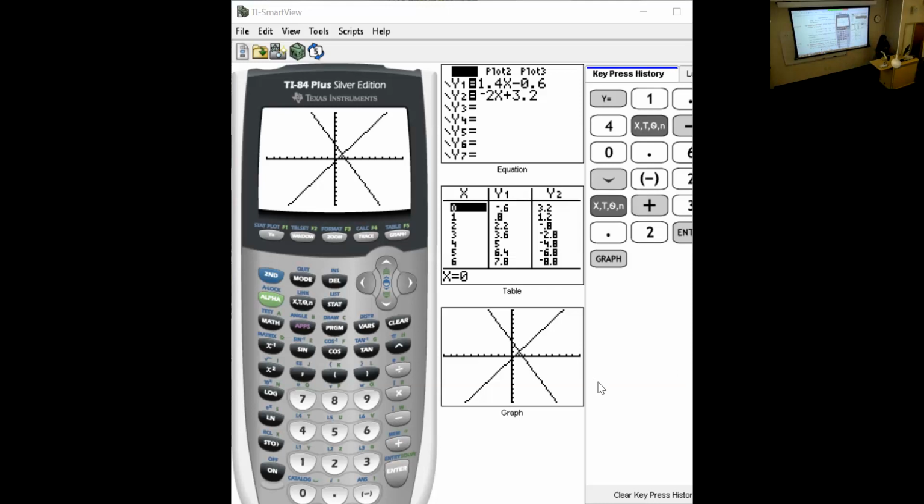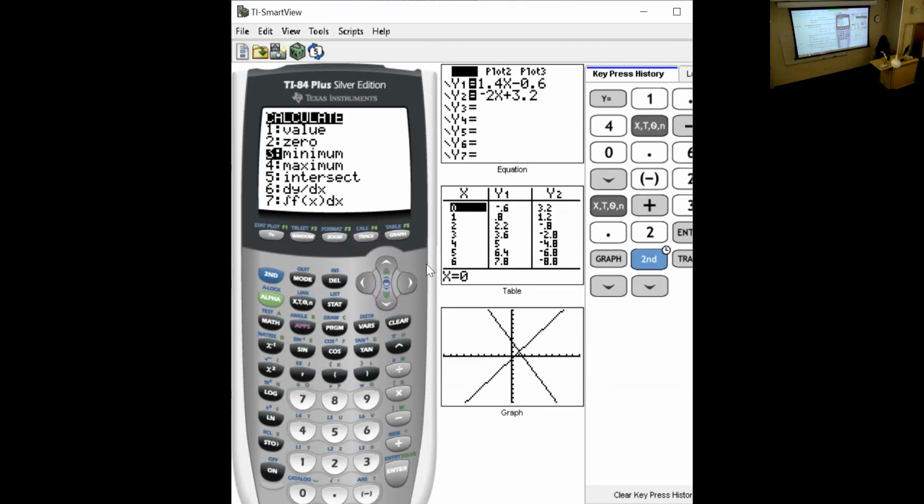So back to the calculator. I believe it is under second, blue button, trace. Good. Do we see option 5 says intersect? Select option 5.